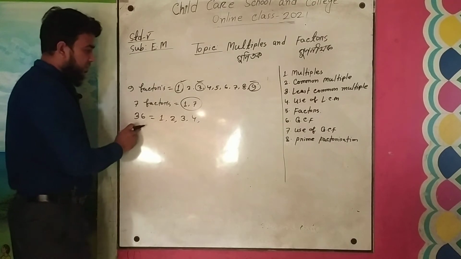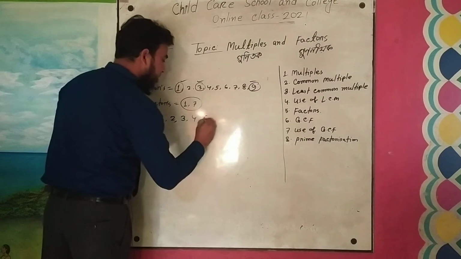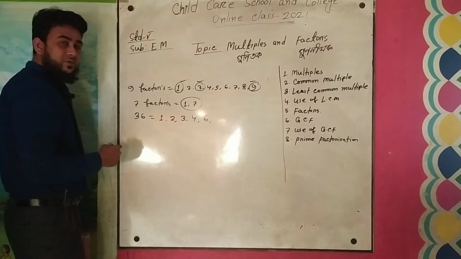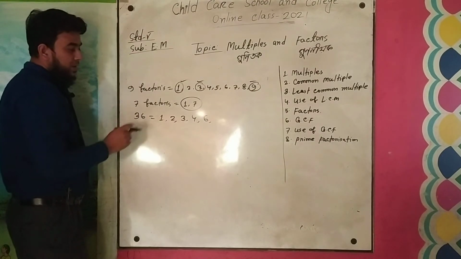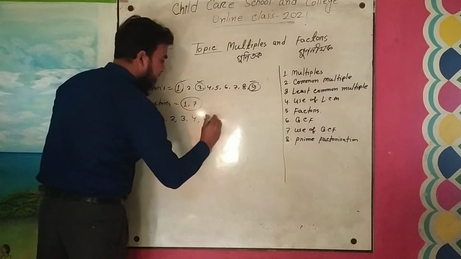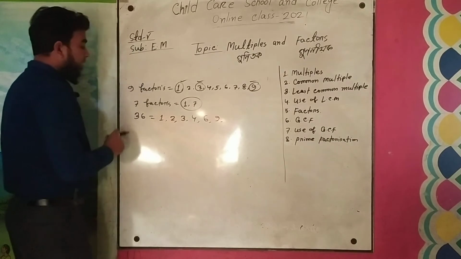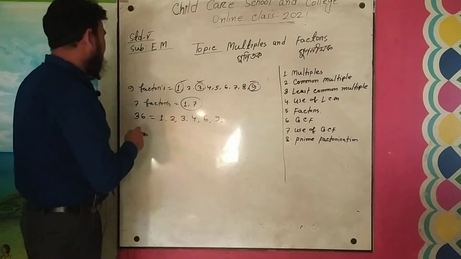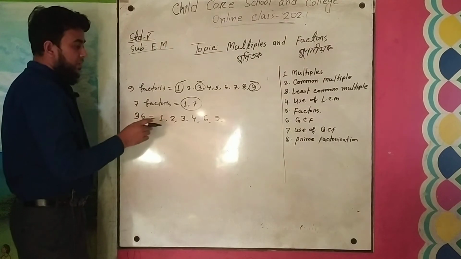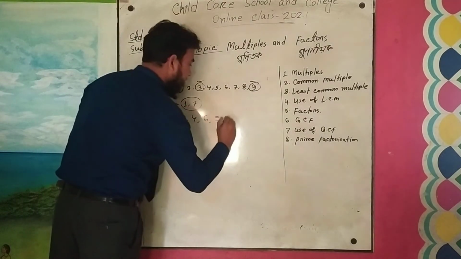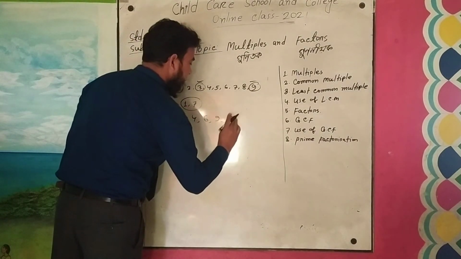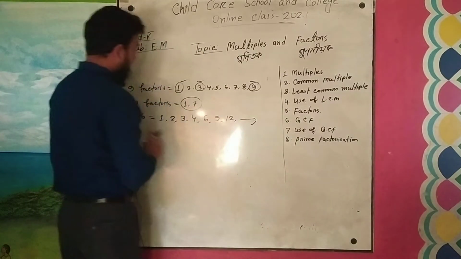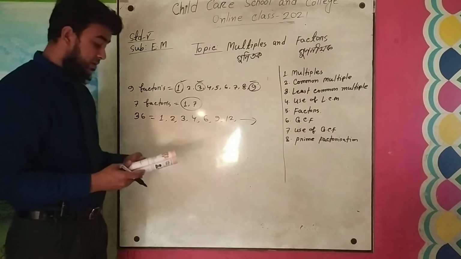So this is not possible. 6, it will be possible. 6 sixes are 36. 7, not possible. 8, not possible. 9, it will be possible, because 4 nines are 36. 10, not possible. 11, no. 12, yes, 12 is possible. 3 twelves are 36. Okay. This way we can find out the factors of 36.